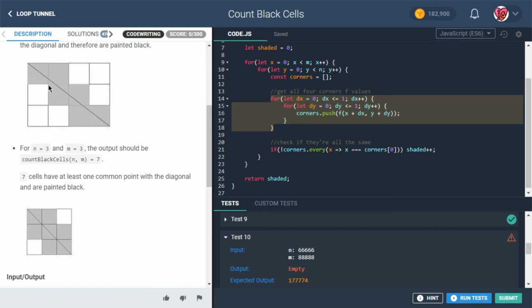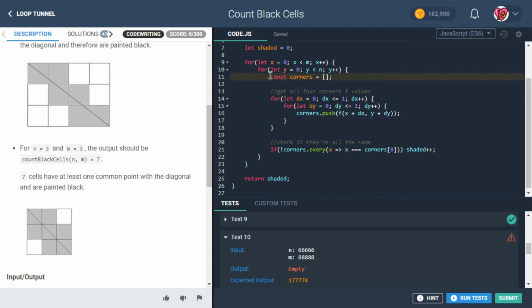By the time we get to, let's say, this square, we've already looked at the one to its left, the one above it, and the one to its up left. So we have 3 out of the 4 points. We really should only have to provide one more, unless it's one of the ones on the edges. I don't know if that's the issue, though. I have a feeling it's not the issue.